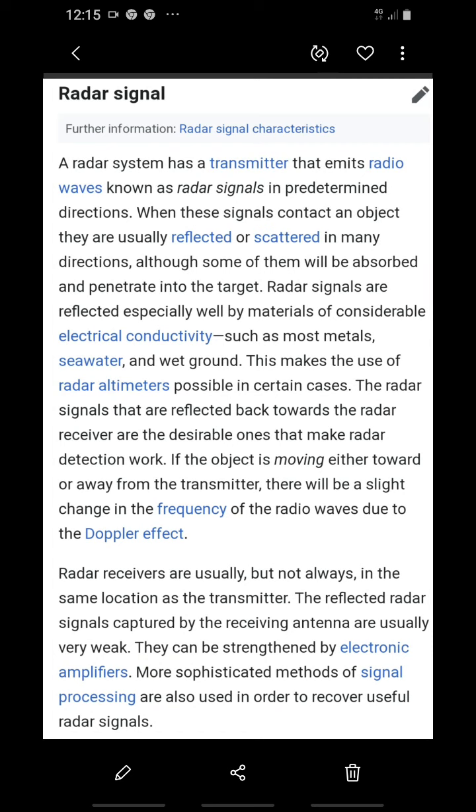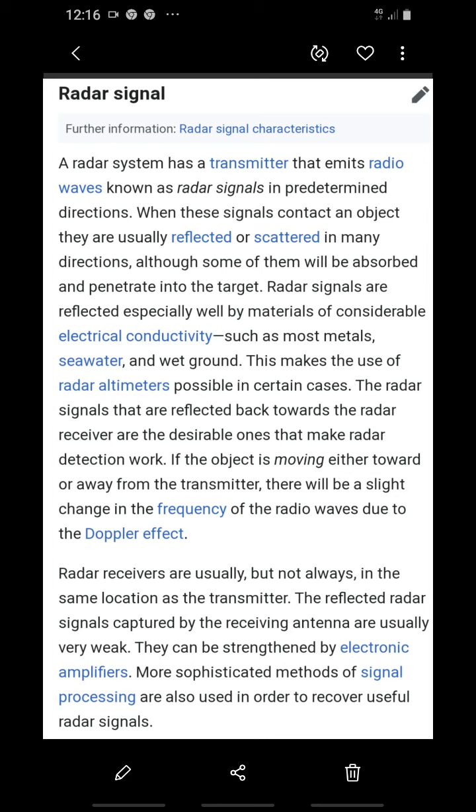Radar signals are reflected especially well by materials of considerable electrical conductivity, such as most metals, seawater, and wet ground.